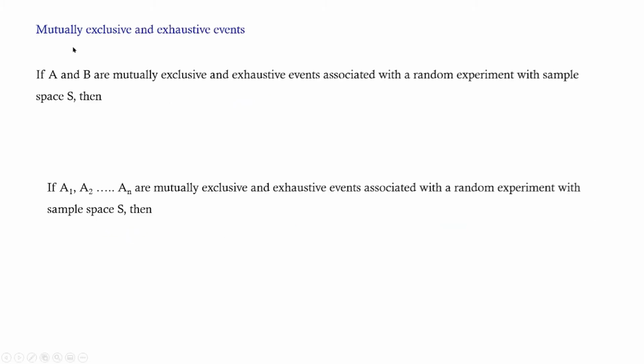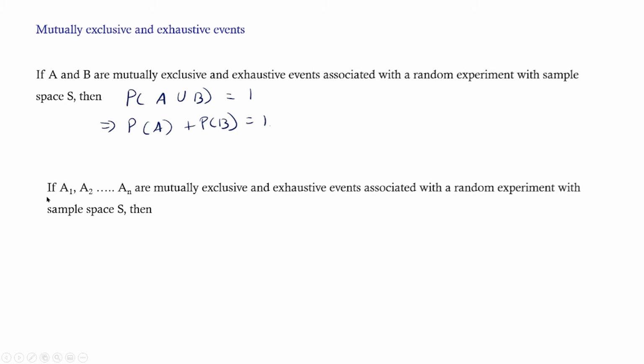And now moving on to mutually exclusive and exhaustive events. If A and B are mutually exclusive and exhaustive events associated with a random experiment with sample space S, then we have probability of A union B equal to 1. Since A and B are mutually exclusive, we have probability of A plus probability of B equal to 1.